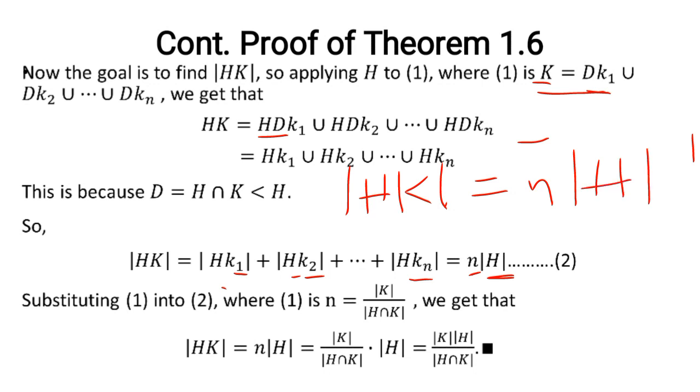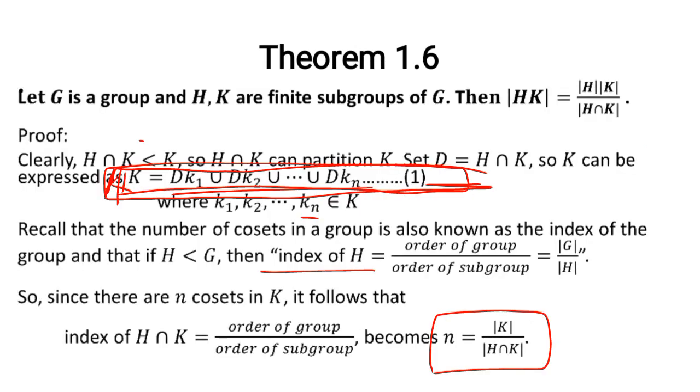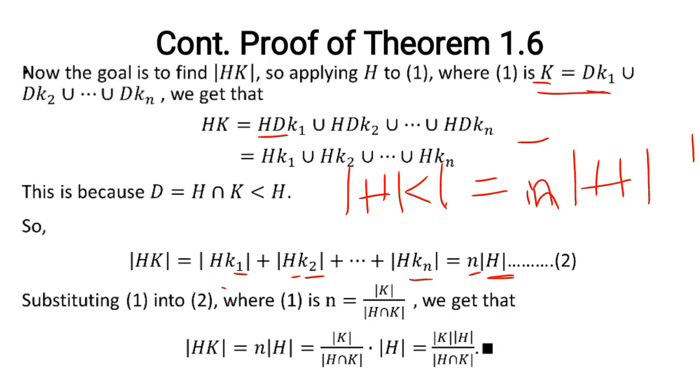Oh, but you know n, don't you? In the previous slide, we had found n. What is n? We had found n. It is this here. Okay? So we know now that the order of HK is n times the order of H, which is what you see. This relationship gave us this here.